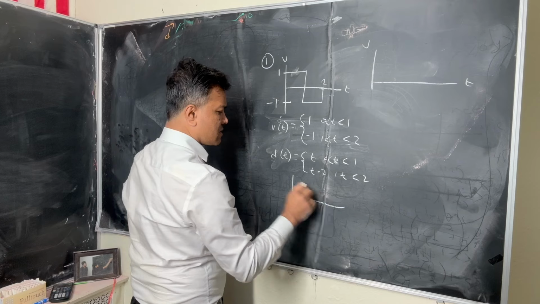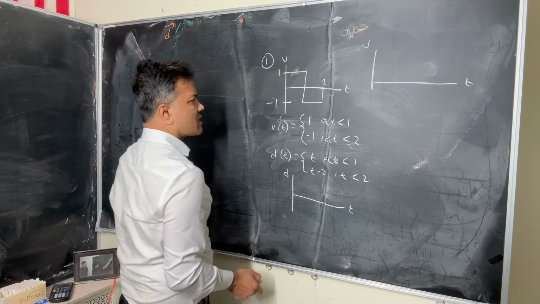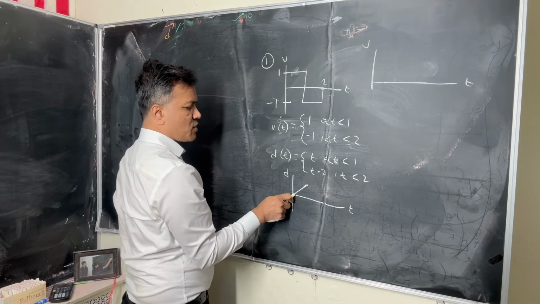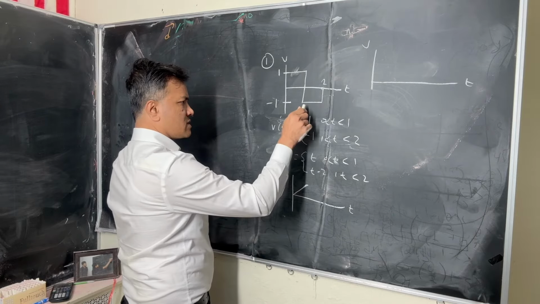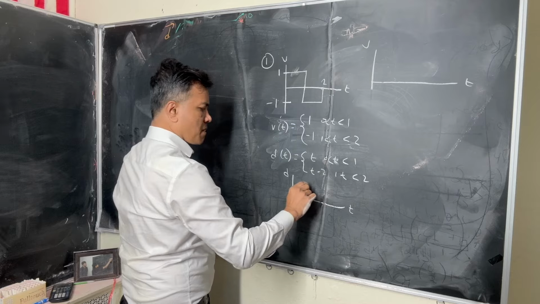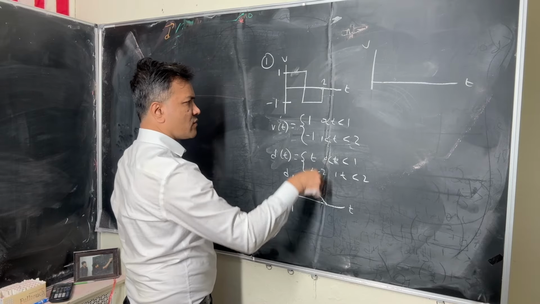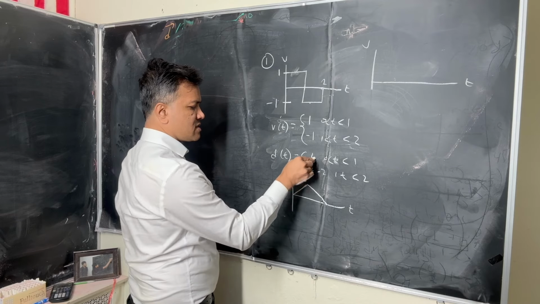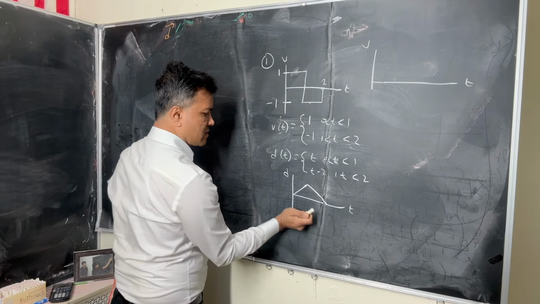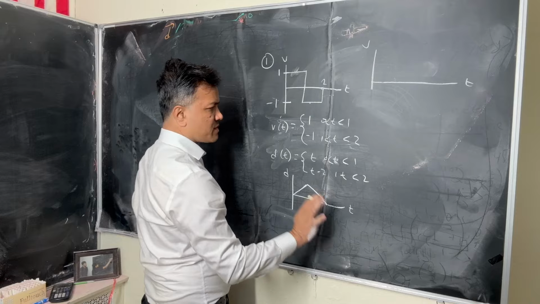This is xt. That looks like a positive diagonal line. The slope of this one is a positive straight line. This is a negative diagonal line. The slope of this one is a negative straight line. That's what I mean. Great. So the total displacement is 0.